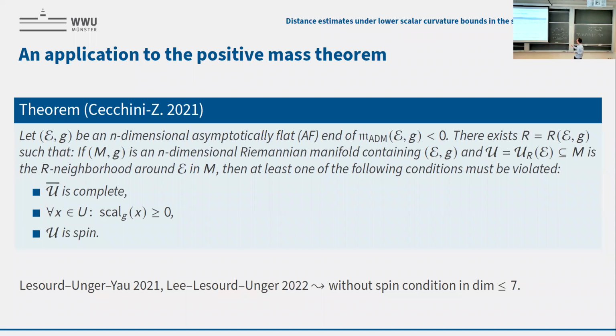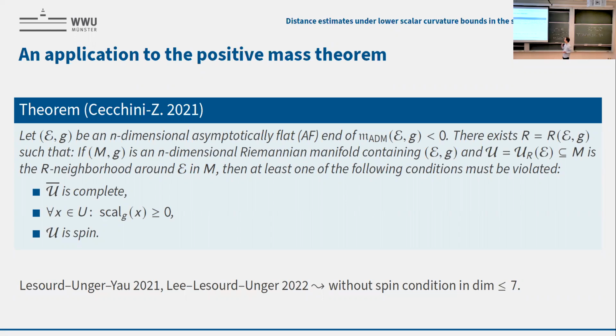But the statement is that we already must violate them in a neighborhood of the end, where this constant here only depends on the end that we started with. So this means that in some a priori bounded neighborhood around the end, either the manifold fails to be complete, or you don't have a lower scalar curvature bound of 0, or, because we're using spin, the spin condition fails. Of course this is supposed to be redundant, but since we're using this method, we have this additional assumption.